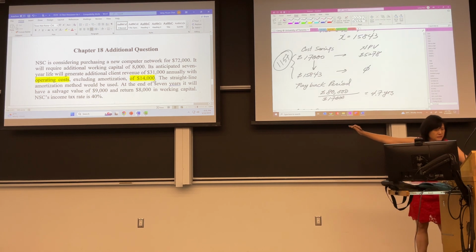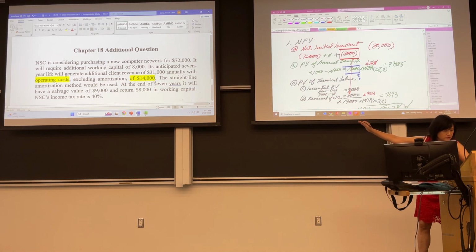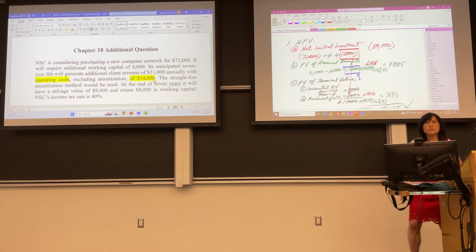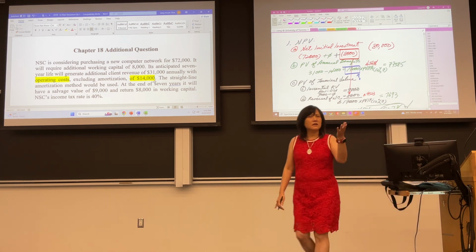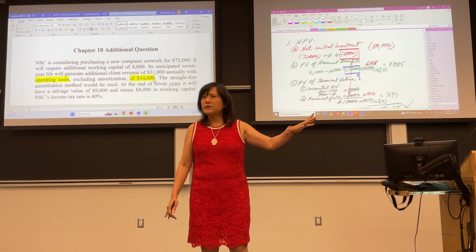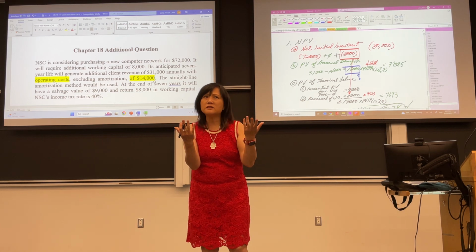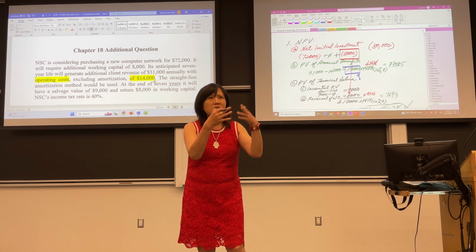You say investment, 80,000. Can I just take 80,000 to calculate depreciation? No, why not? Remember I told you about my sister's rental property. She spent 28,000. Not all 28,000 you can depreciate, because some is labor.